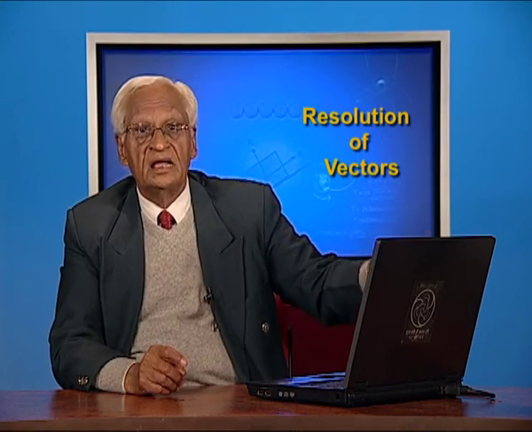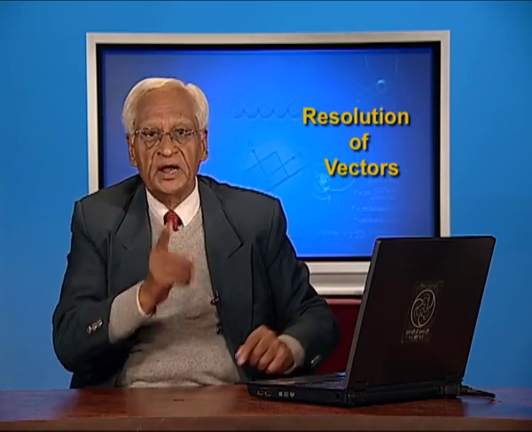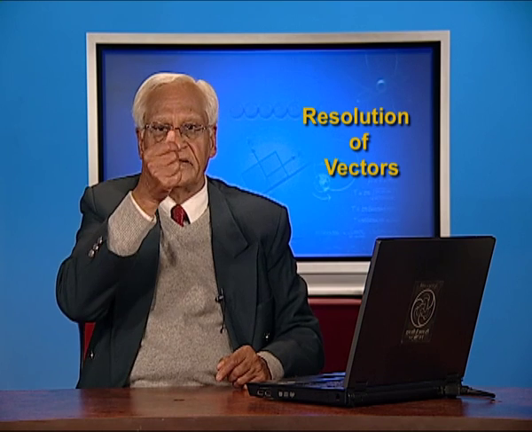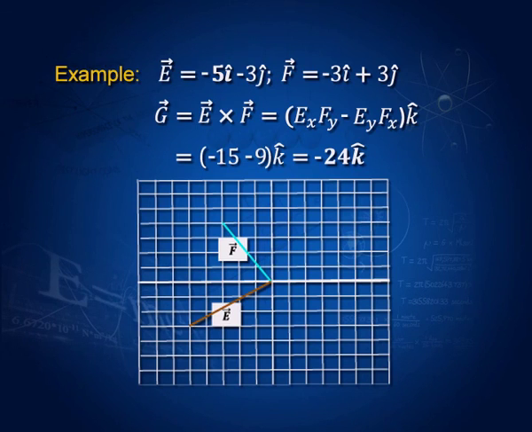Therefore, vector G has to be perpendicular to this plane, that is in the z direction, and you can find that vector G is given by E x F y minus E y F x times k cap, and if you use the values of E x, E y, F y, F x, etc., then you can get this minus 24 times k cap.